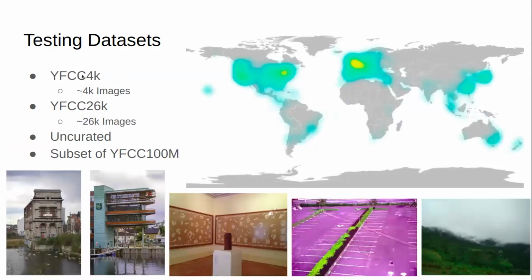We also use 2 versions of the YFCC datasets, YFCC4K and YFCC26K. These are uncurated datasets that are also a subset of YFCC100M. And we see they have a similar distribution, where they're mostly in North America, Europe, and a small amount in Eastern Asia. For our dataset, we wanted to solve those distribution issues that we saw with the previous testing datasets.